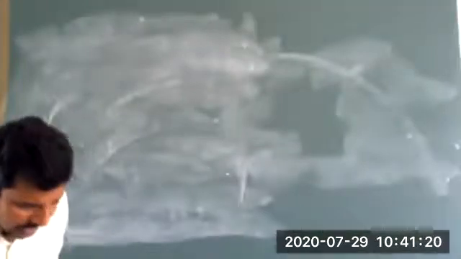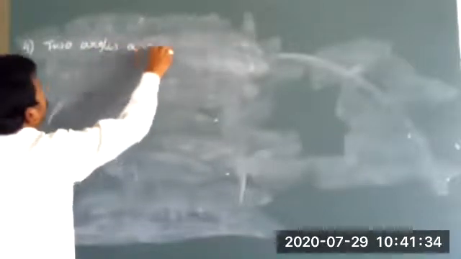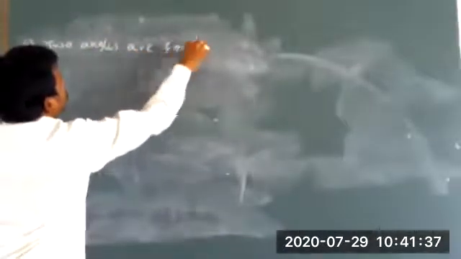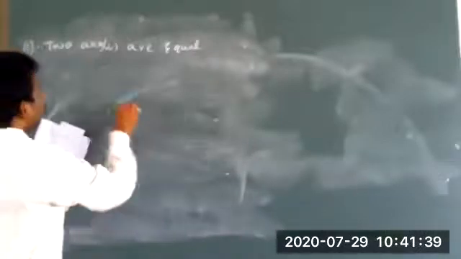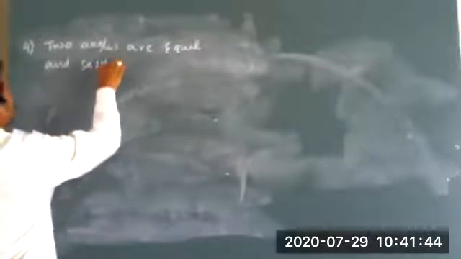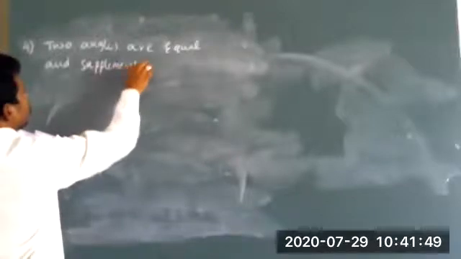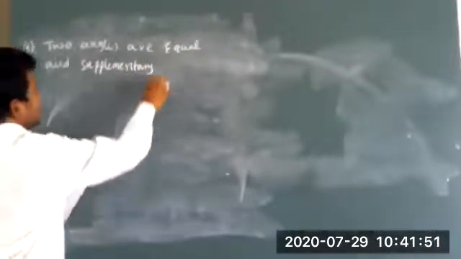Next problem. Two angles are equal and supplementary to each other. Find them. So it is also very important, children. Fourth problem. Two angles are equal and supplementary to each other.